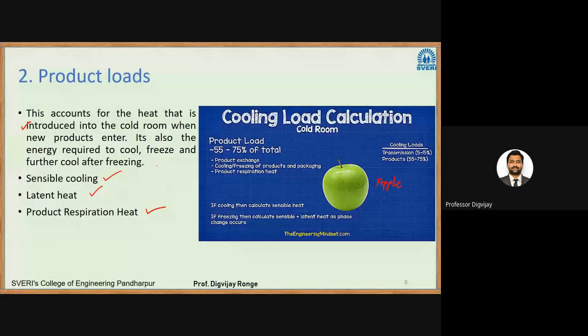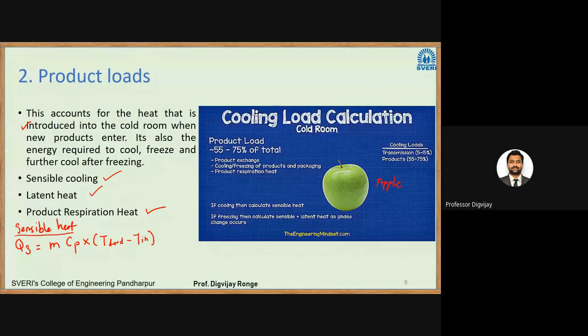Okay, so in this case see here, I have Q3. This Q3 is nothing but heat exchange, or we can say sensible heat. So first I have to remove the sensible heat. Q3 will be equal to mass of these apples, or whatever food we are using, into Cp, the specific heat of food, into temperature of food minus indoor temperature.